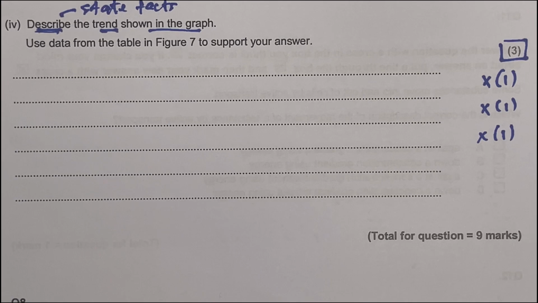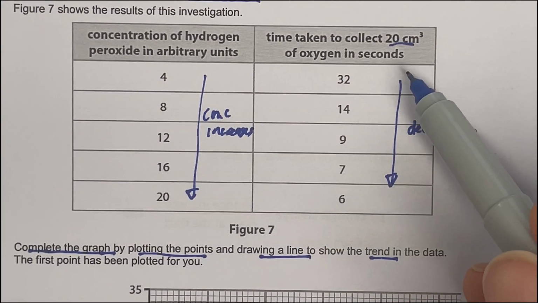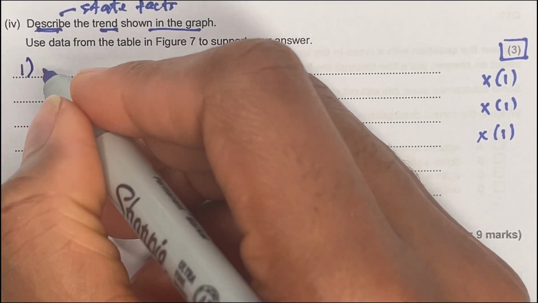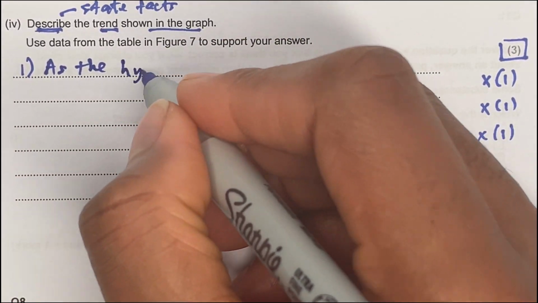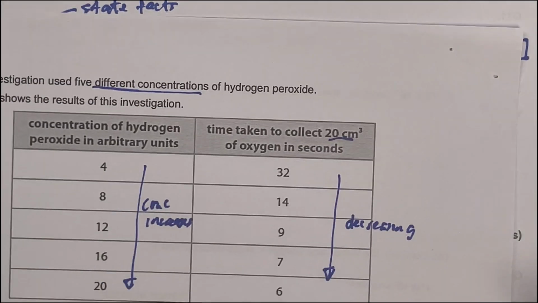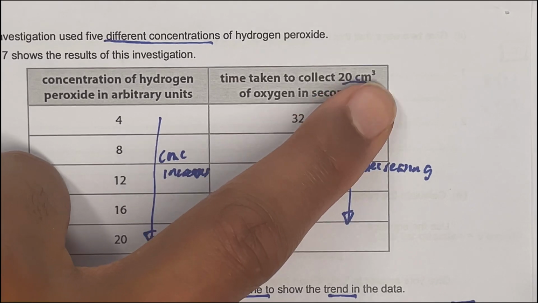Remember when we went to the table, I found out that as the concentration is increasing, the time taken is decreasing. And I'm using the actual words used on the table. Concentration of the hydrogen peroxide, time taken to collect 20 centimeters cube of oxygen.